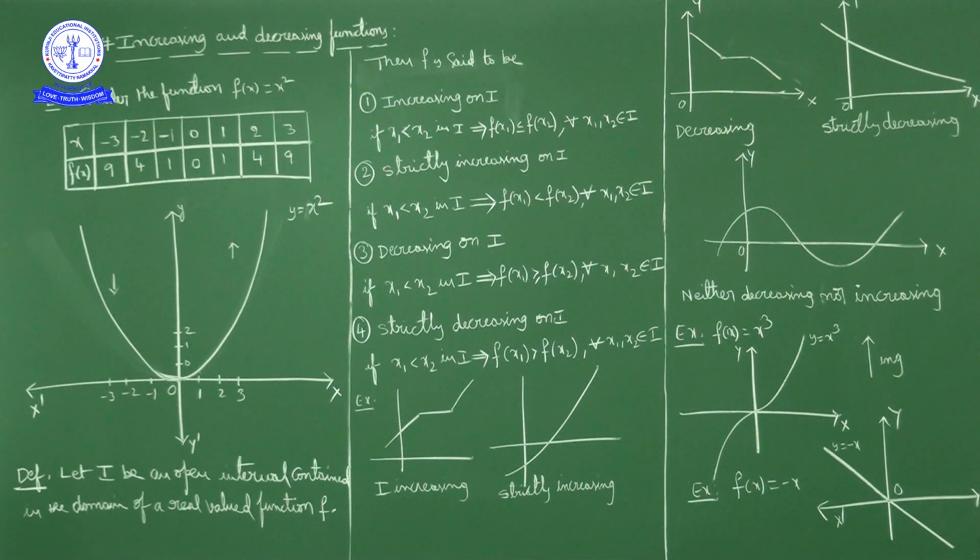Strictly increasing means simply x1 less than x2 implies f of x1 is less than f of x2 for every x1, x2 belongs to I. That is a strictly increasing function.